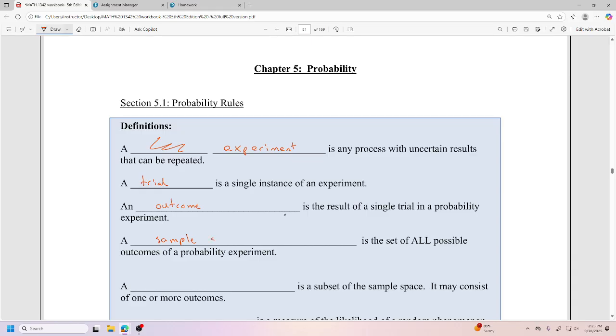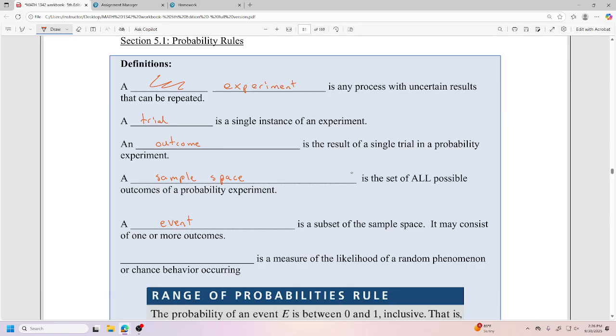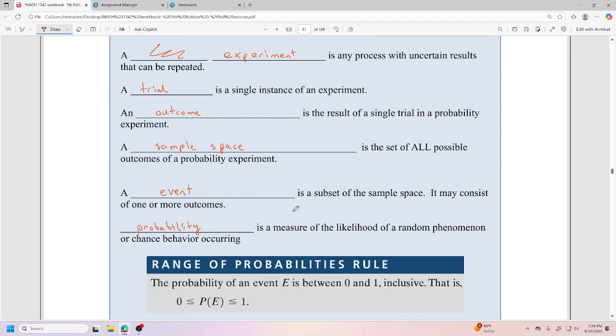So that's outcome. This is sample space. For right now, just copy it down. This is event. Let me scroll here a little bit more. We got this guy here is probability. Probability. And then there's one more down here.